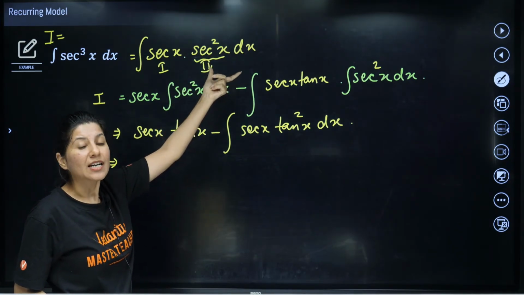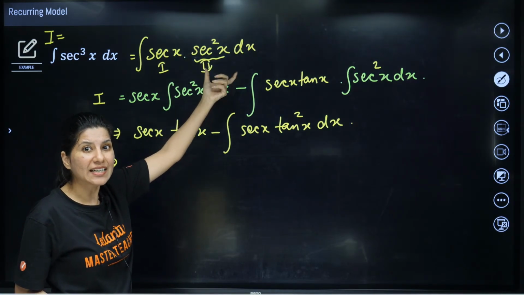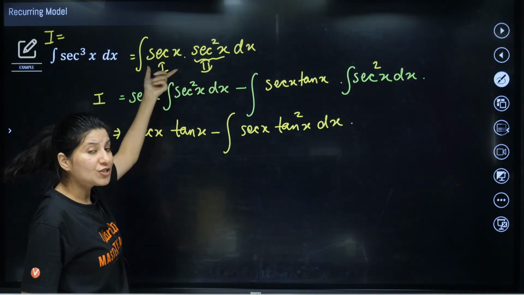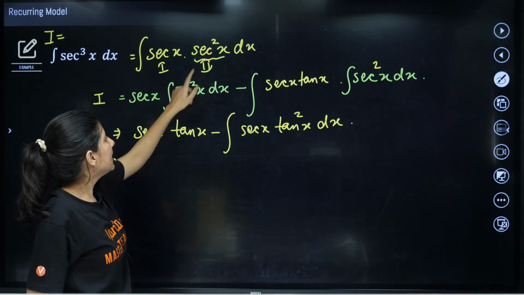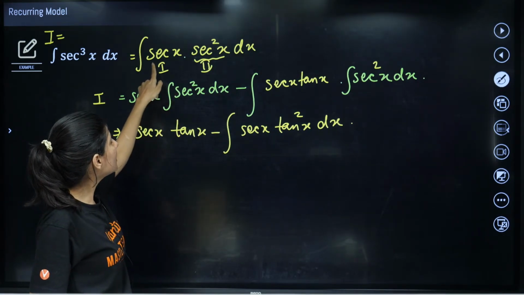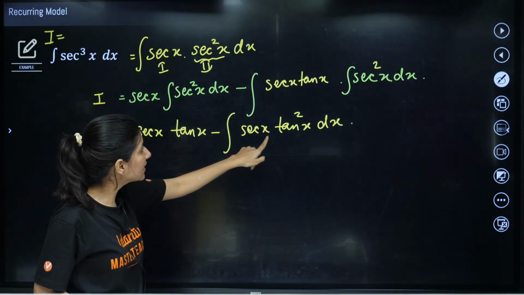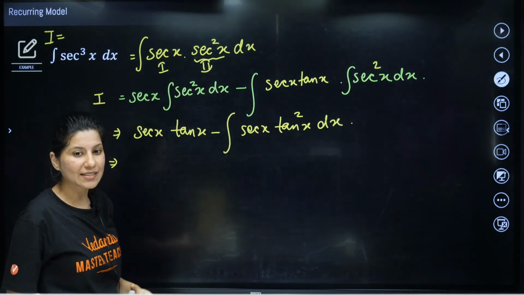It is very simple. So that's why keeping it second function, because in the formula we have to integrate second and we have to differentiate first. So this is second, this is first. First function constant, integration of sec square x is tan x minus integral of differentiation of sec x is sec x tan x, and integral of sec square x is one more tan x. So that's why it is coming like this.